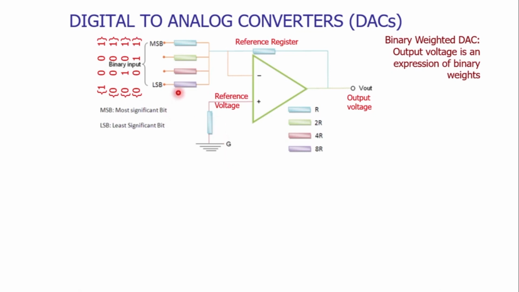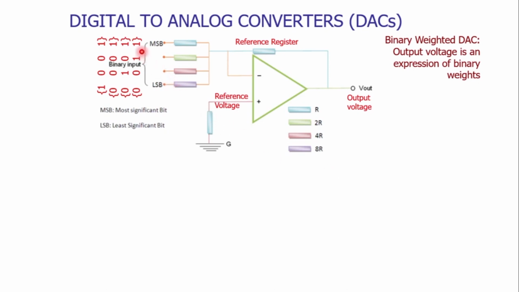So if I say V1 is the voltage associated with the MSB with resistor R, V2 is associated with the resistor 2R, V3 is associated with the resistor 4R, and V4 is associated with the LSB with 8R.